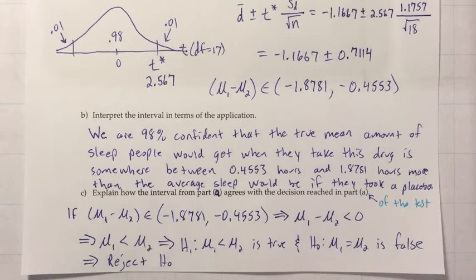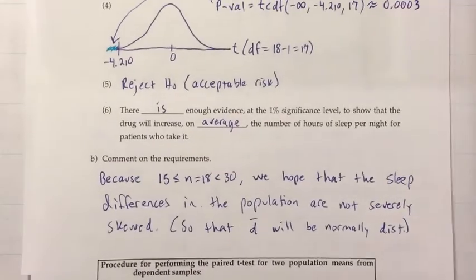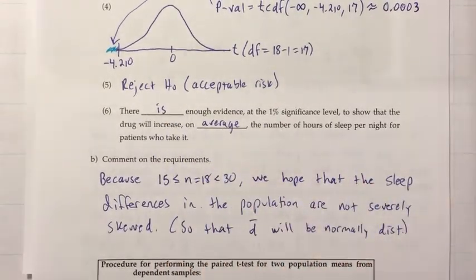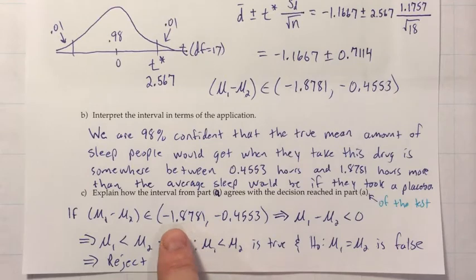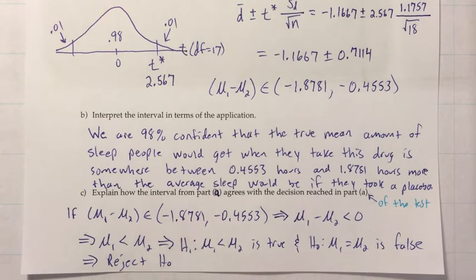So we go back to that previous page, bring that in here, and we did in fact reject H0, so we have agreement here. All right, so it turns out that this case is the easy one, when both of these signs are the same. It's a little trickier when you have one of each. So let's go ahead and take a look at one more example where we examine what happens when you don't reject H0 and what happens when you have one of each sign in your confidence interval.